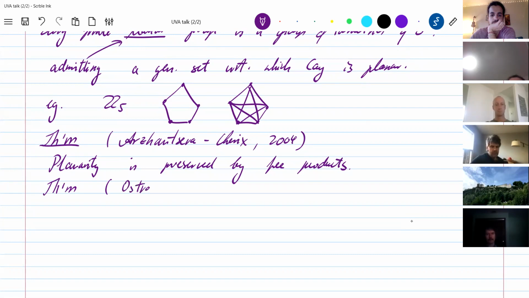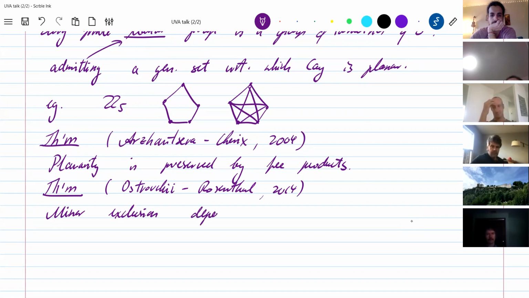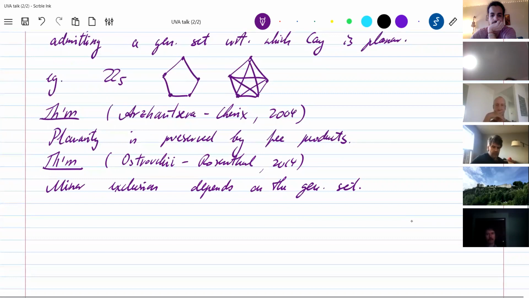So Ostrovsky and Rosenthal, again in 2014, showed that minor exclusion is also something that depends on the generating set. Even for very easy groups like Z squared.